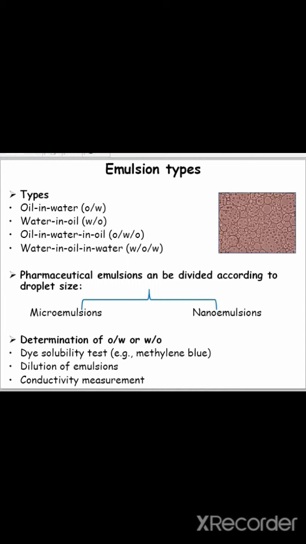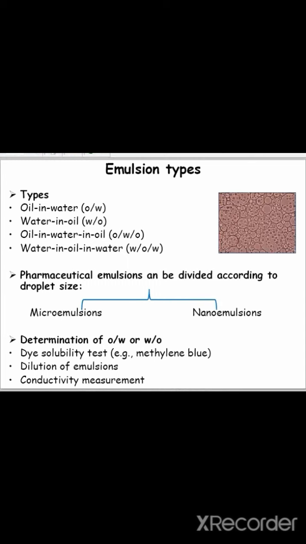So there are mainly four tests. First is the dye-solubility test, for example methylene blue or scarlet red dye. Second is dilution of emulsion. Third is conductivity measurement.